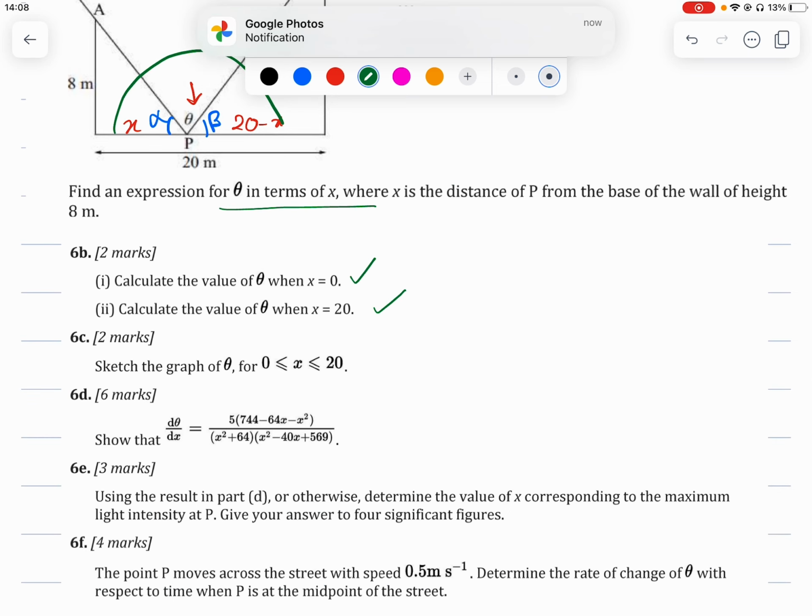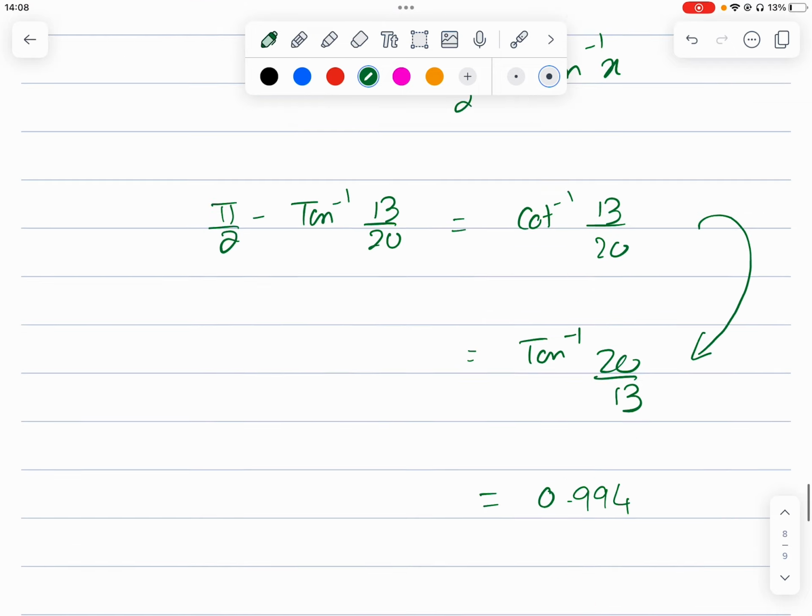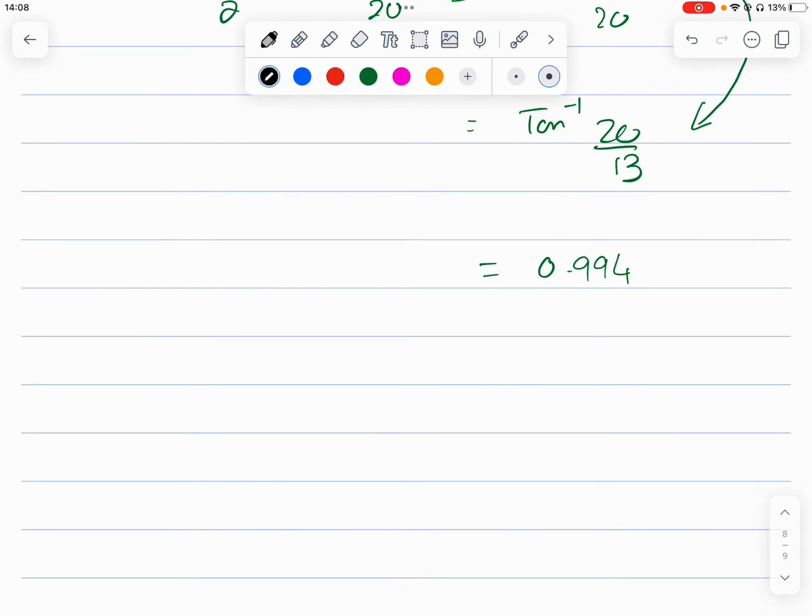Find the value of theta when x equals 20. The same thing once again. Theta equals pi minus tan inverse of 8 upon x minus tan inverse of 13 upon 20 minus x.